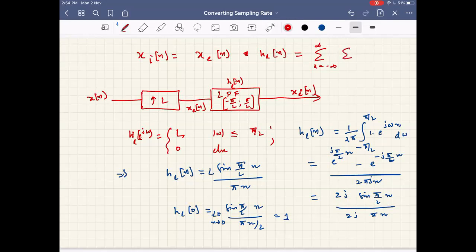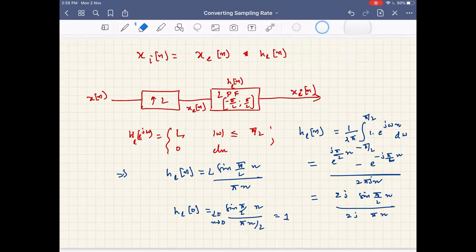Summation. Okay, let this be n, so that we can write x_e of n equals summation over n from minus infinity to infinity of x of k delta of n minus kl.